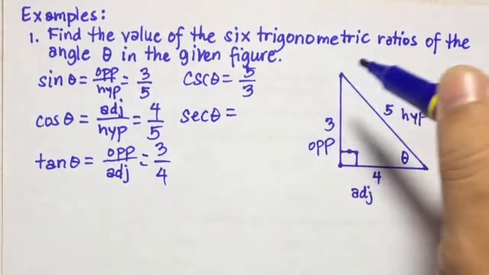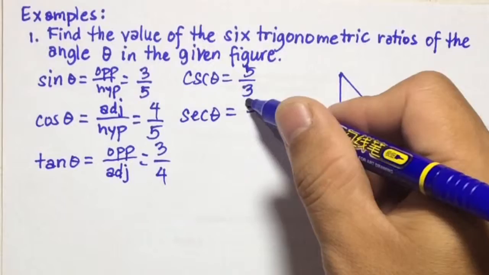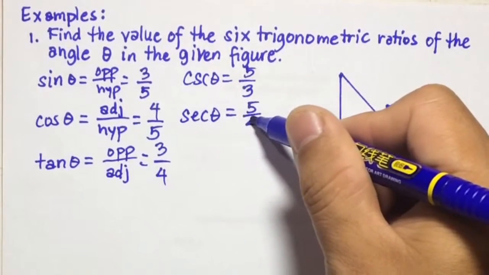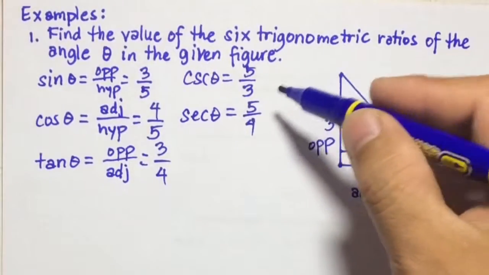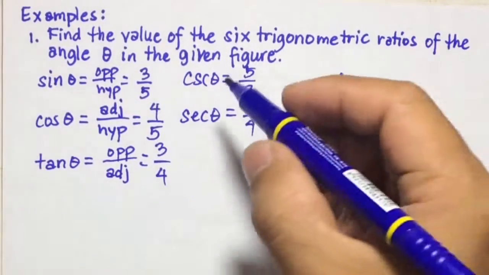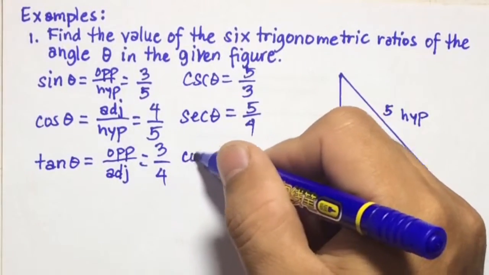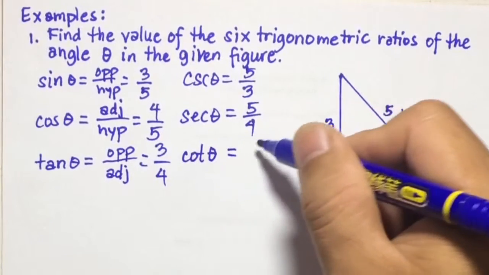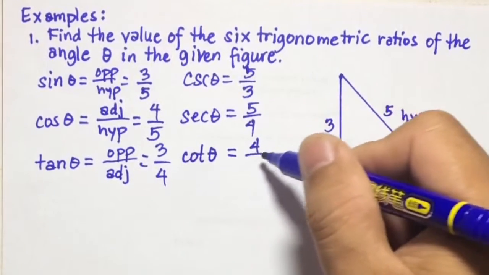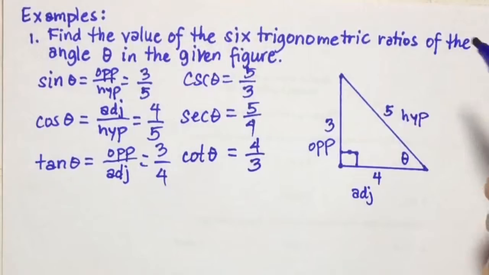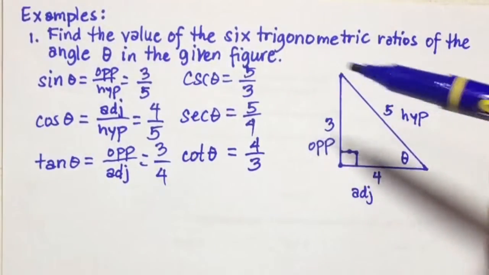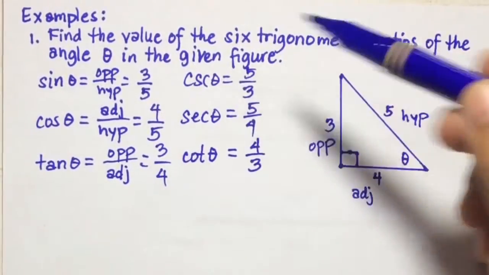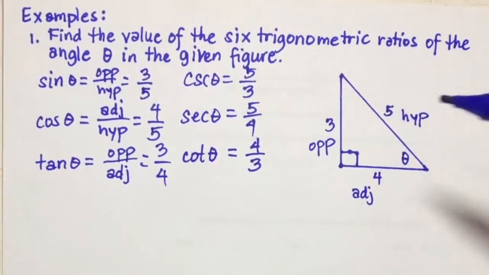So secant of theta is equal to 5 over 4. Is hypotenuse over adjacent side. Then cotangent of theta will be equal to 4 over 3. So these are the 6 trigonometric ratios of the angle theta in this figure here.